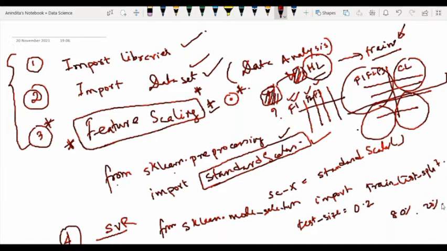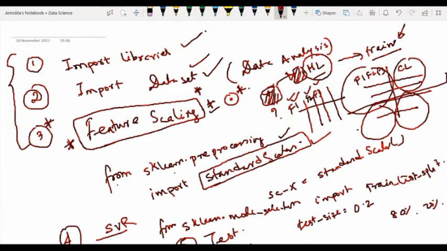After training the support vector regression model on the training set, what is the 5th step? In the 5th step, you have to perform prediction. Prediction means you have to carry out the testing, that is, get the test set results.